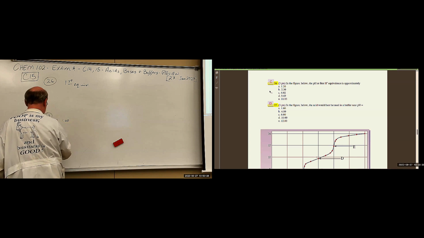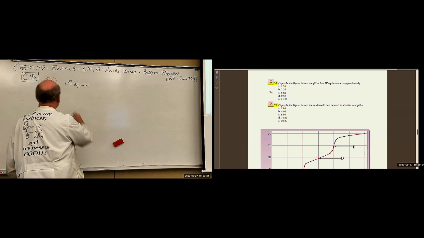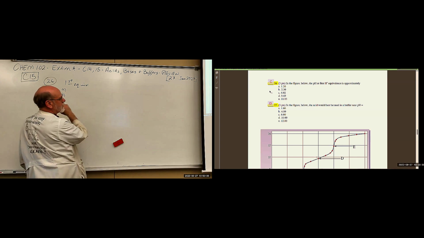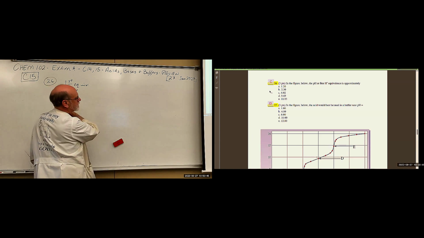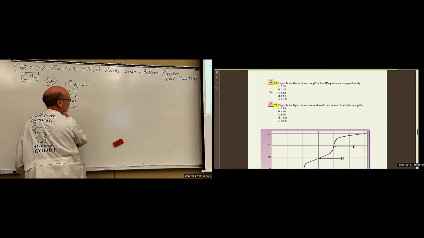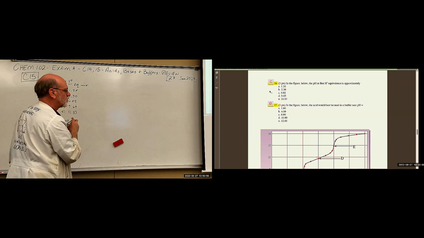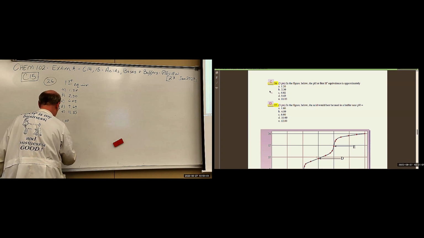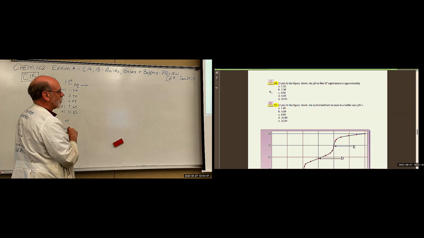A, B, C, D, E. I might as well write these in here too. So A is 1.2 and 2.3. And 6.02. 9.69. And 11.85. Okay, and then the second one is 1, 4, 6, 10, and 12. And these are all pHs.